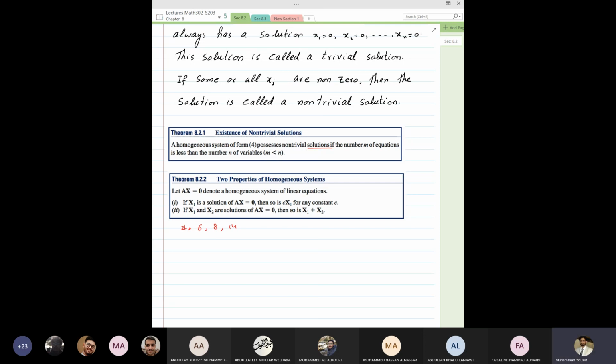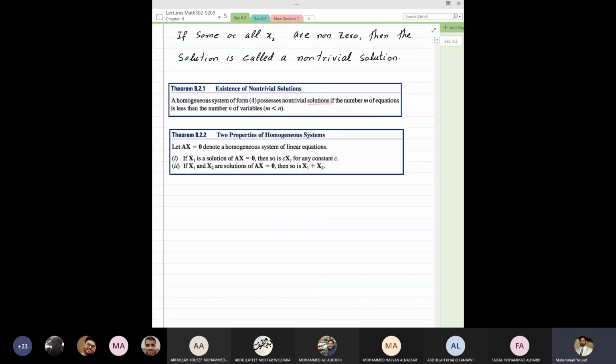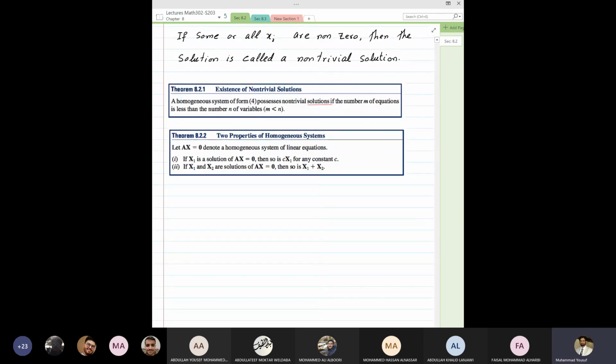A homogeneous system of the form 4 possesses non-trivial solutions if the number of equations is less than the number of variables. So this is a must. And the next thing is that if you have a solution x1 of a homogeneous system, Ax equal to 0, then a constant multiple of a solution is also a solution. If we have two solutions, then the sum of those solutions is also a solution. And you remember, I think all of you have taken Math 202.